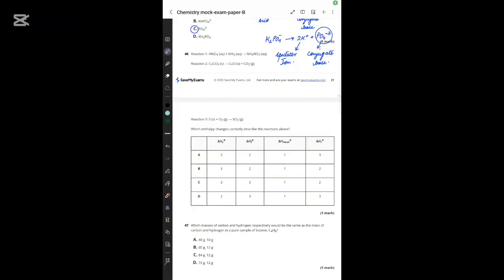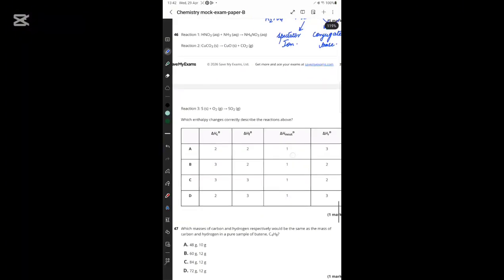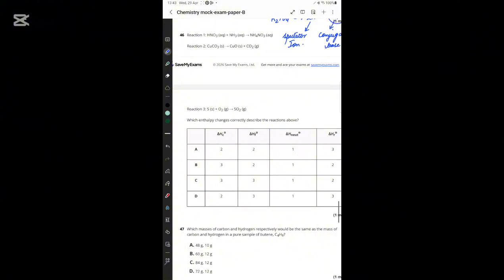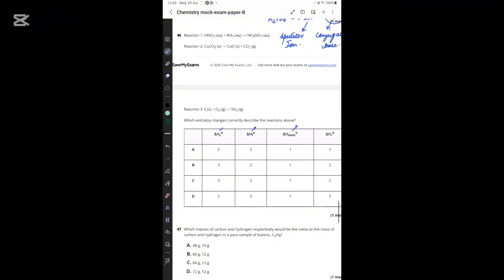So for the next question, question number 46, reaction 1, HNO3 plus ammonia reacts to form ammonium nitrate. We have to identify which reaction is enthalpy of combustion, enthalpy of formation, enthalpy of neutralization, and enthalpy of reaction.